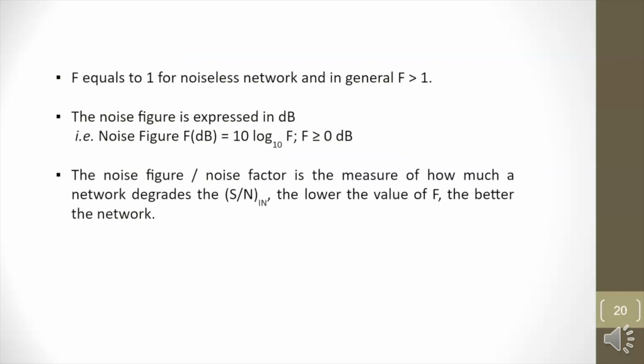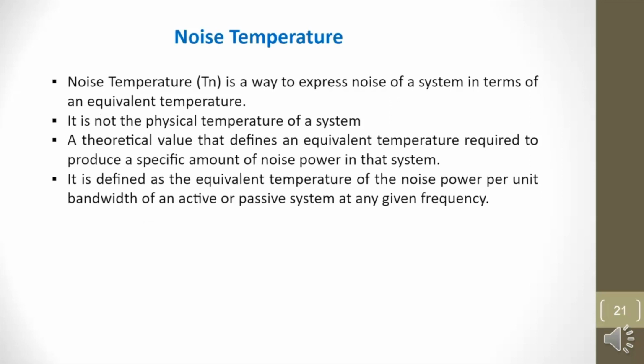F equals 1 for the case of a noiseless network, and in general F is greater than 1. The noise figure is expressed in decibels. The noise figure F in dB is given by 10 log10 F, where F in dB is greater than 0 dB. Noise figure or noise factor is a measure of how much a network degrades the input SNR. The lower the value of F, the better the network.